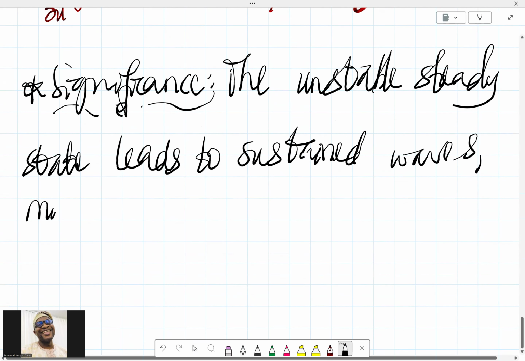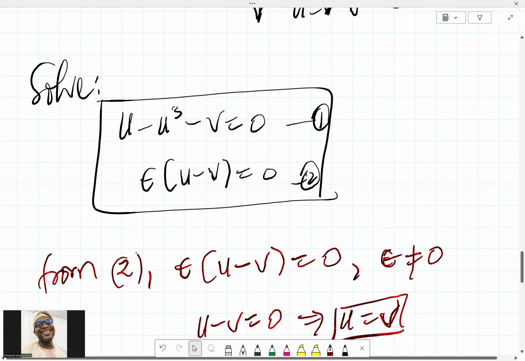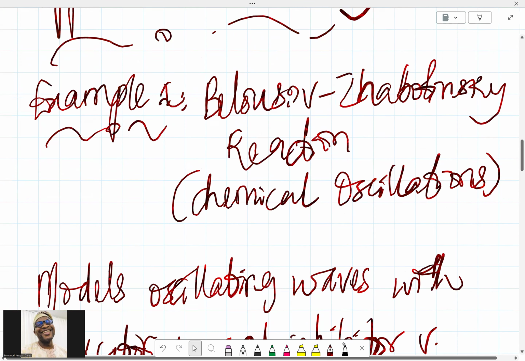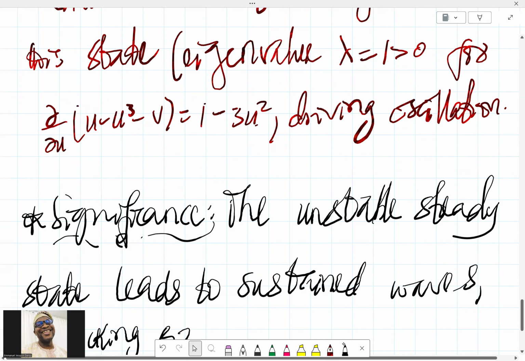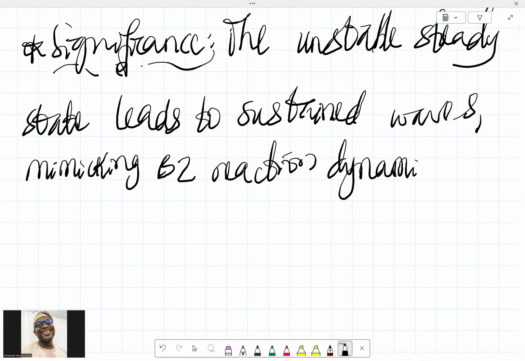Because of the sustained waves, it mimics the Belousov-Zhabotinsky reaction dynamics. That's a complicated name, Zhabotinsky. So that's one nice example in chemistry.